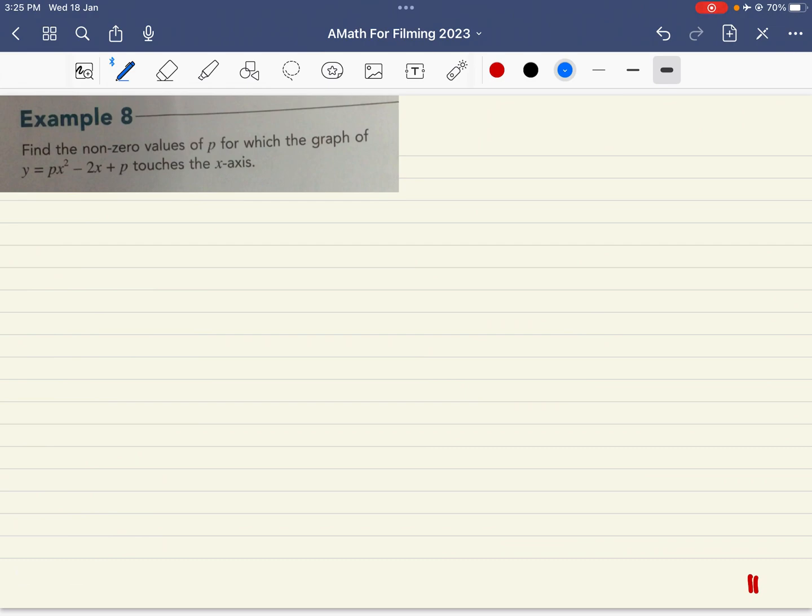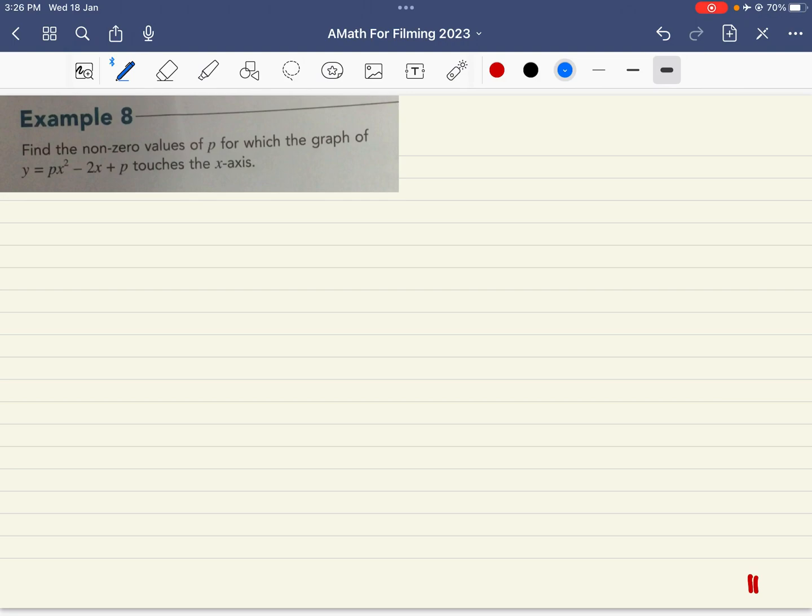Example 8. Find the non-zero values of p for which the graph of y equals px squared minus 2x plus p touches the x-axis. Touches, okay? So in this case, if it only touches, it implies that we only want a single point.